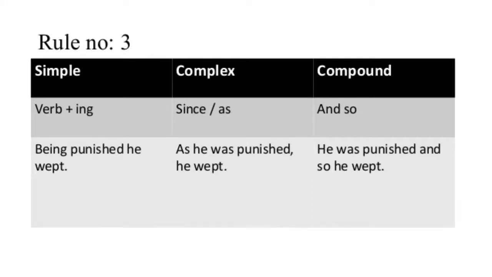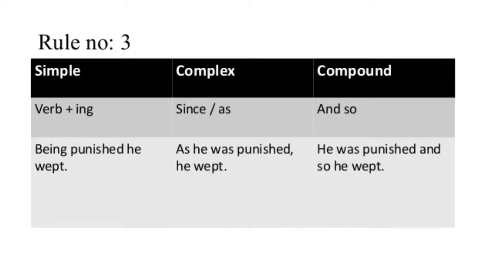In compound sentence, you have to use the coordinating conjunction "and so". And in complex, you have to add the subordinating conjunction since or as. So the sentence is: As he was punished, he wept.